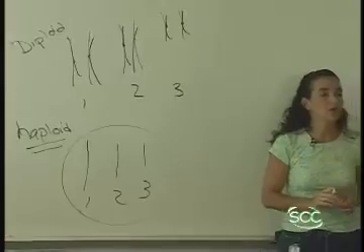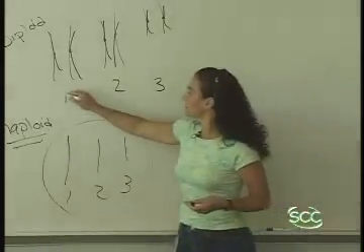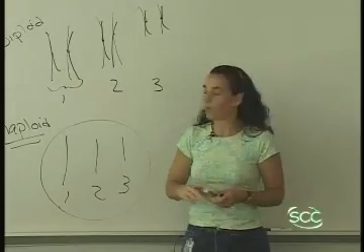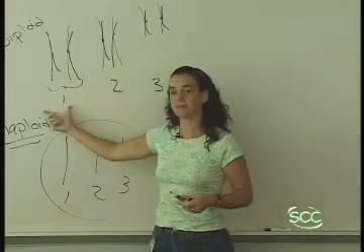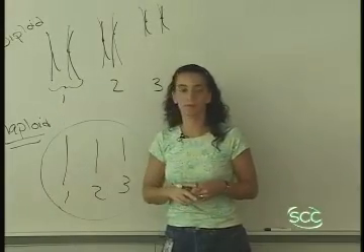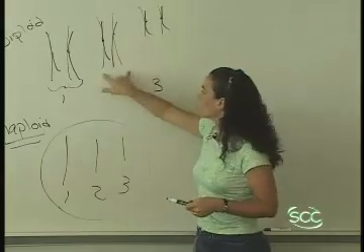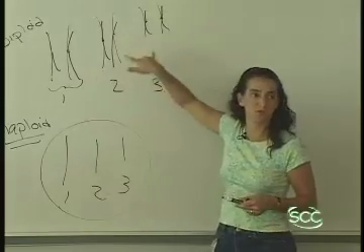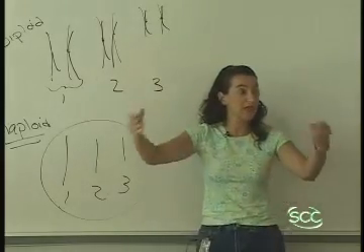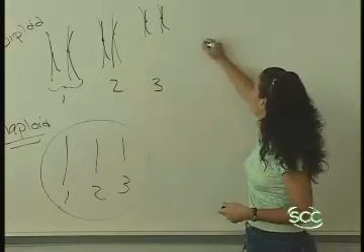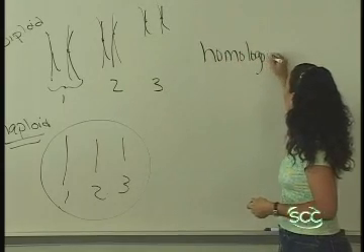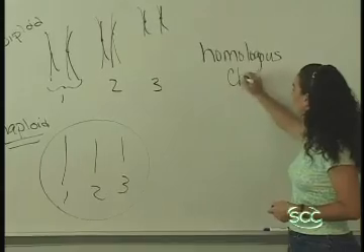Okay? Looking at this, you can see that I now have the 4 chromatids, or a pair of the same chromosomes. Well, this pair of chromosomes, the 2 number 1 chromosomes, the 2 number 2 chromosomes, the 2 number 3 chromosomes, and so on, these are known as homologous chromosomes.